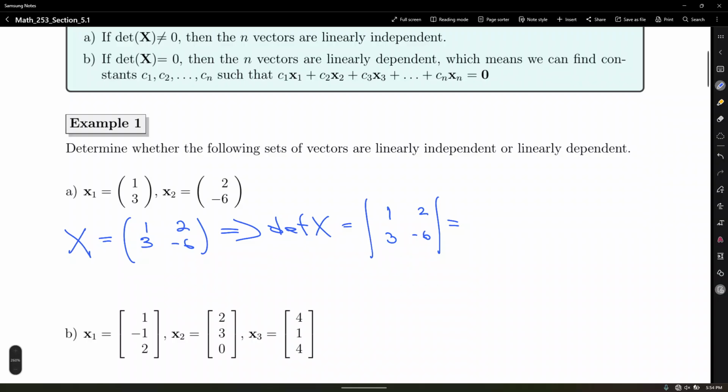Essentially, we're calculating the Wronskian, but we don't call it the Wronskian for numerical vectors. So 1 times negative 6, that's negative 6. Minus 2 times 3, which is 6. What is negative 6 minus 6? Negative 12. Conclusion: this is not equal to 0. So this means, therefore, that vectors x1 and x2 are linearly independent.